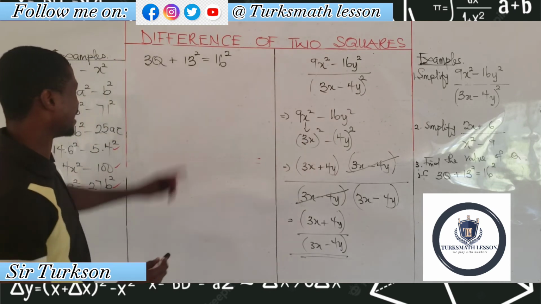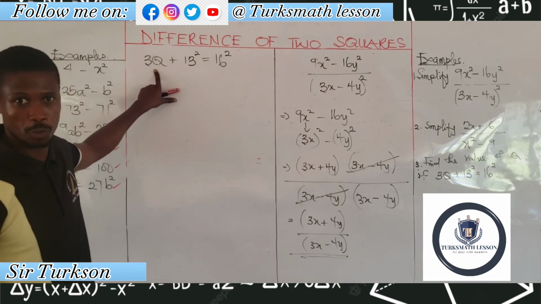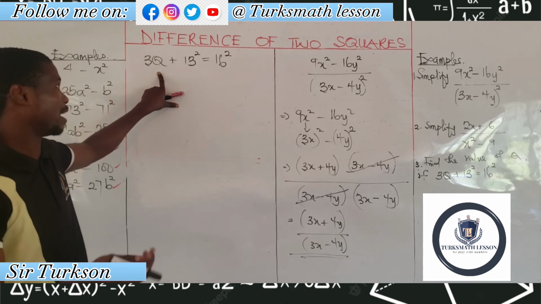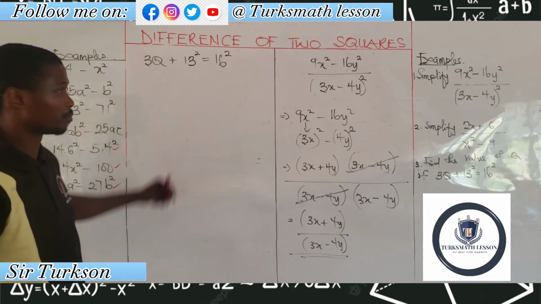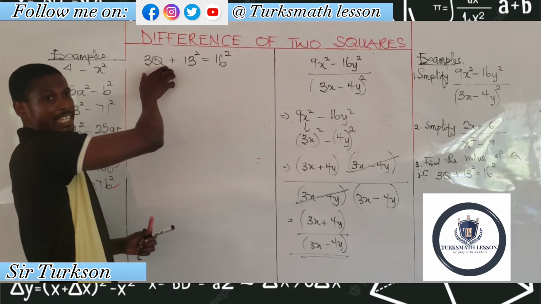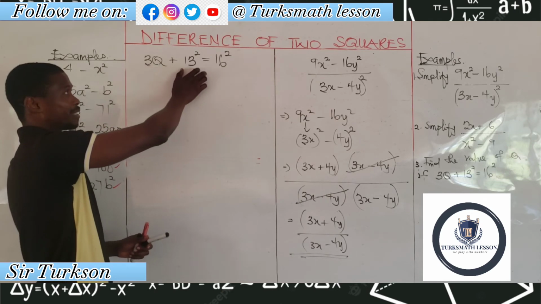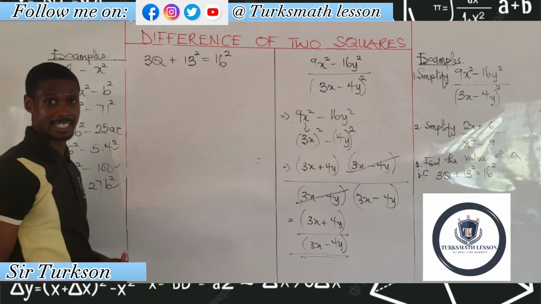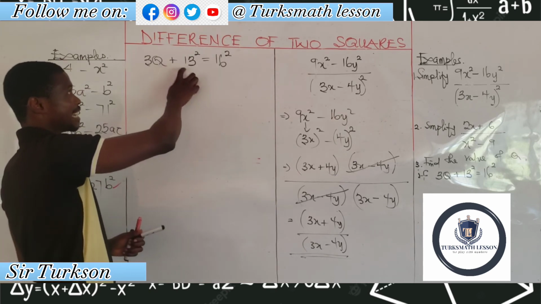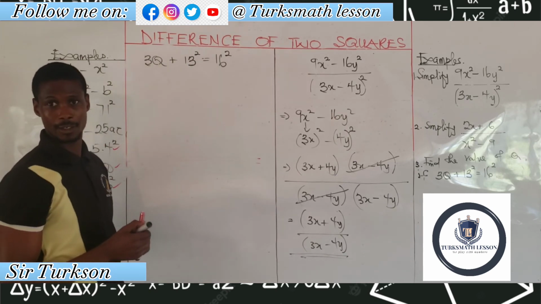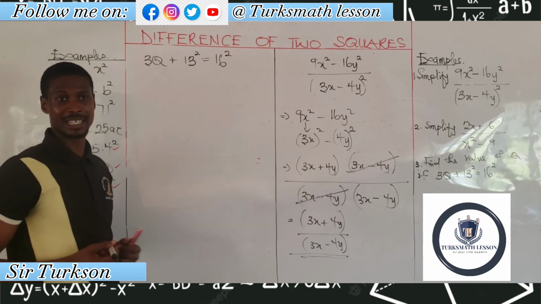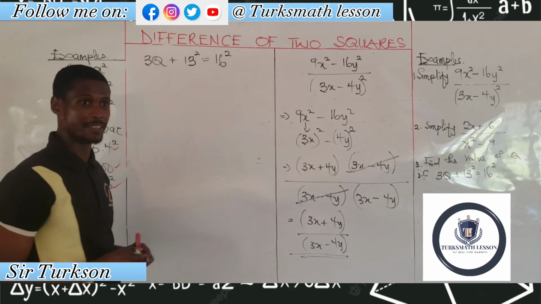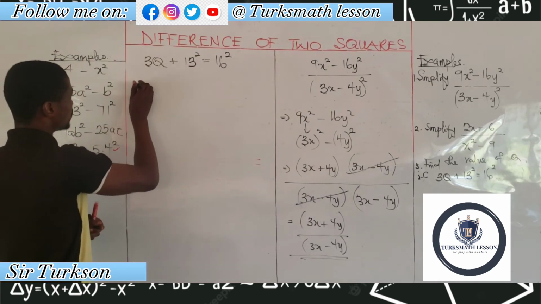Now, they say you should find the value of Q, isn't it? And how are you going to find the value of Q? We need to make Q the subject by transposing this to the right hand side. And the 13 here, 13 squared is carrying a square. And when you transpose it, it becomes negative.